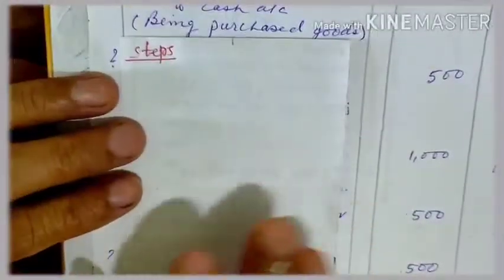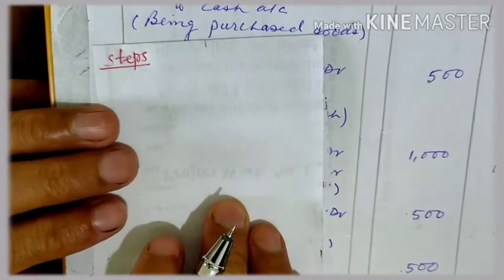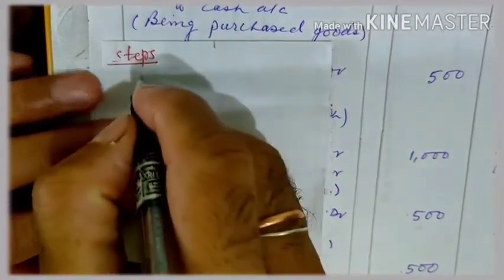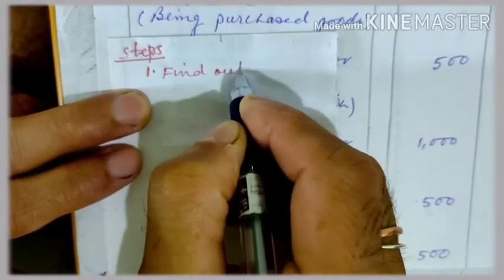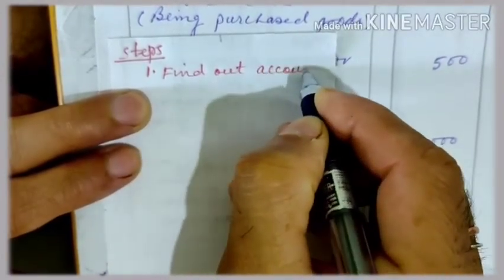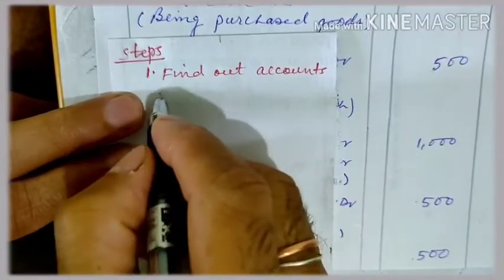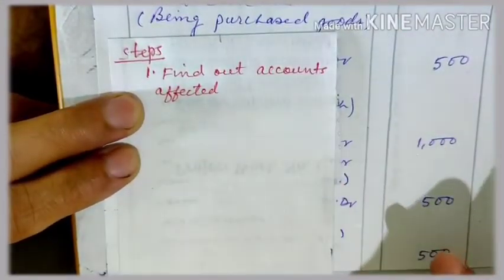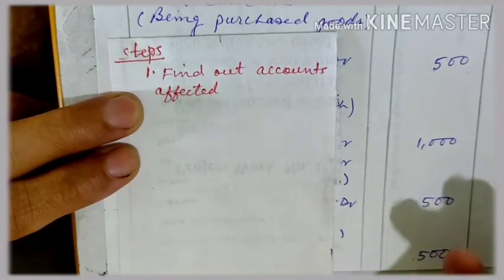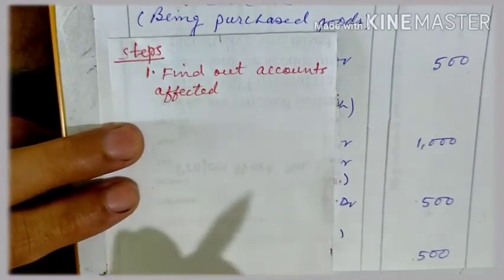What are the steps in journal entries? Let's check that. The steps that we follow in journal entries. Number one, find out accounts affected. Find out the accounts affected in the transaction. That is aspects, the two aspects.